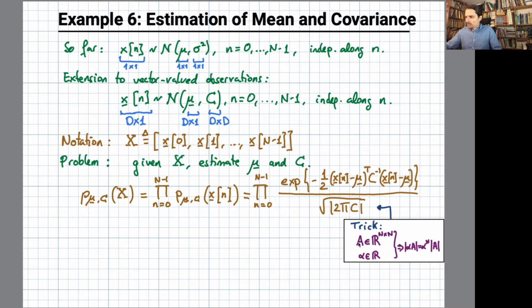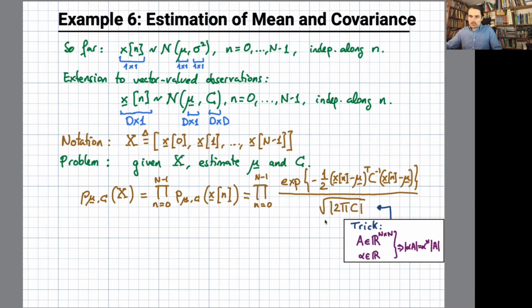So remember this property of determinants. If you have a matrix A that is n by n and you multiply it with a scalar alpha, right? The determinant is just alpha to the n, the dimension of the matrix, times the determinant of A, right? So therefore, if we write the 2 pi here, it comes to the outside as 2 pi to the power of D because of the determinant, divided by 2 because of the square root.